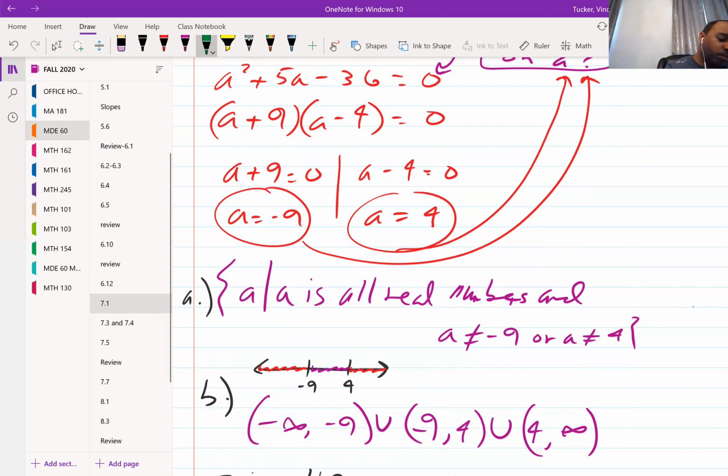So we can use everything else except for the -9 and the 4. All right. Very good.